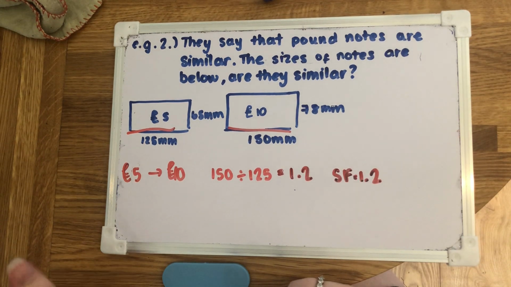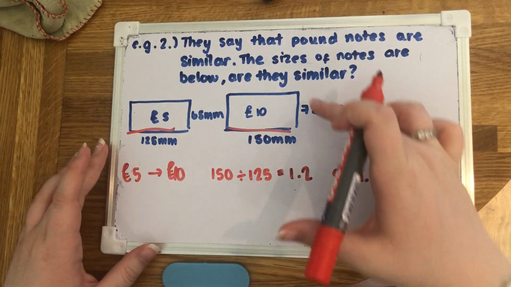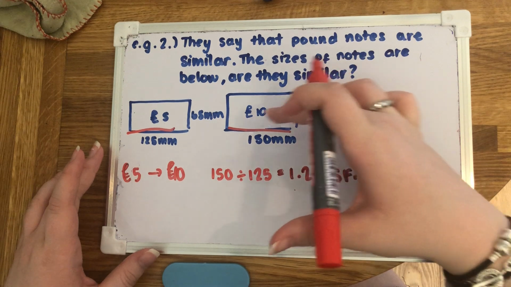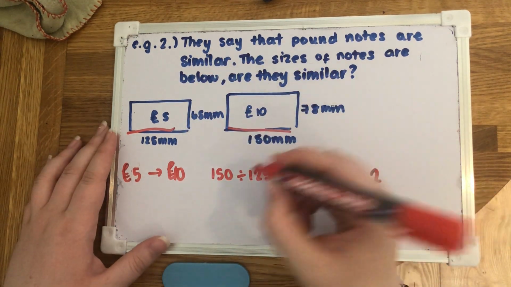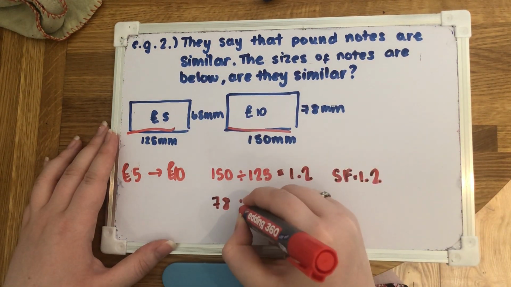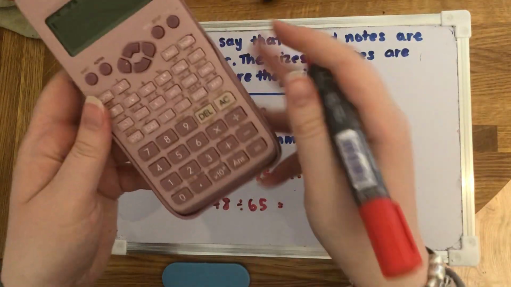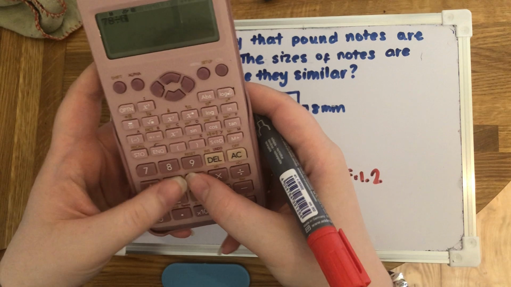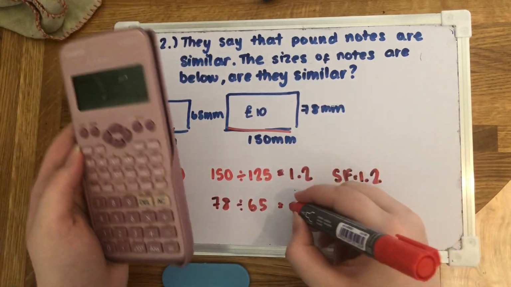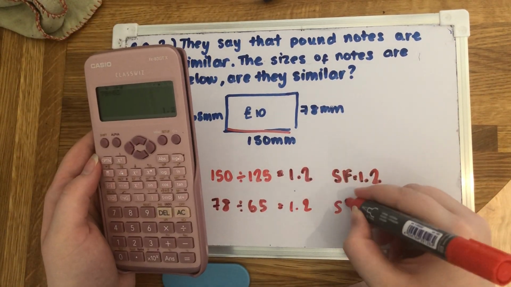Then we'll do the same thing but for the other sides. Again, I'm going to do the height of the £10 divided by the height of the £5. So 78 divided by 65. Again, I get 1.2.